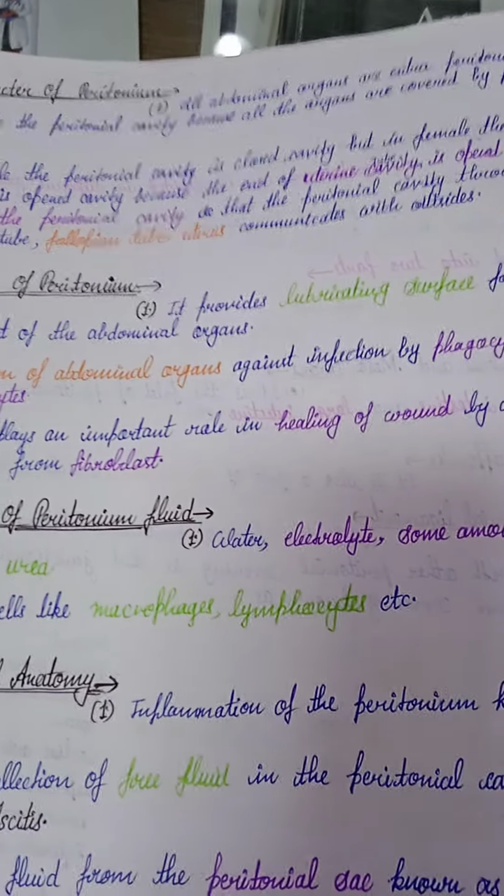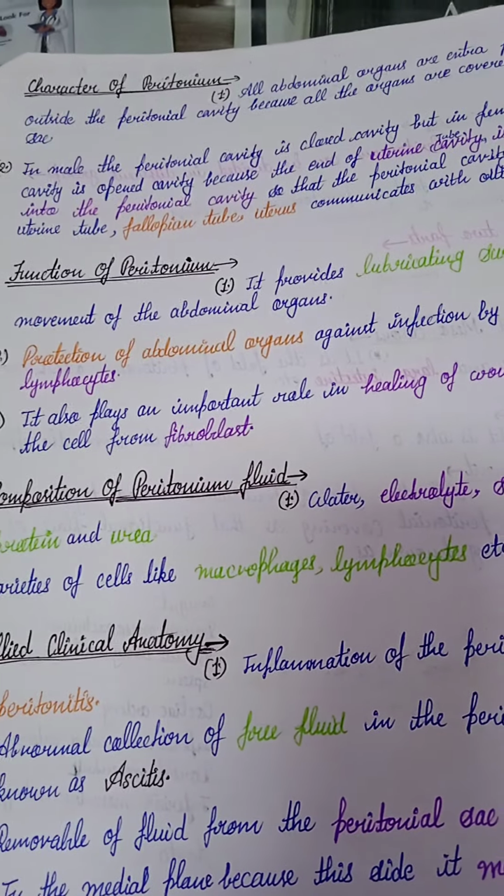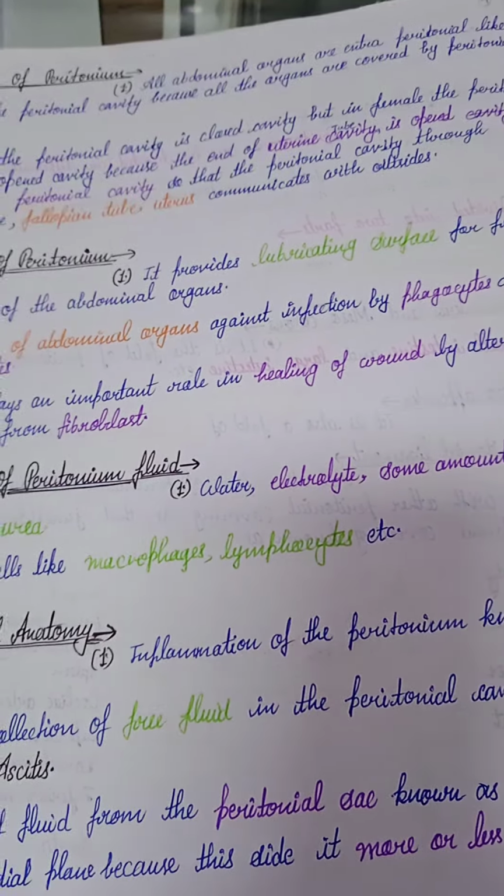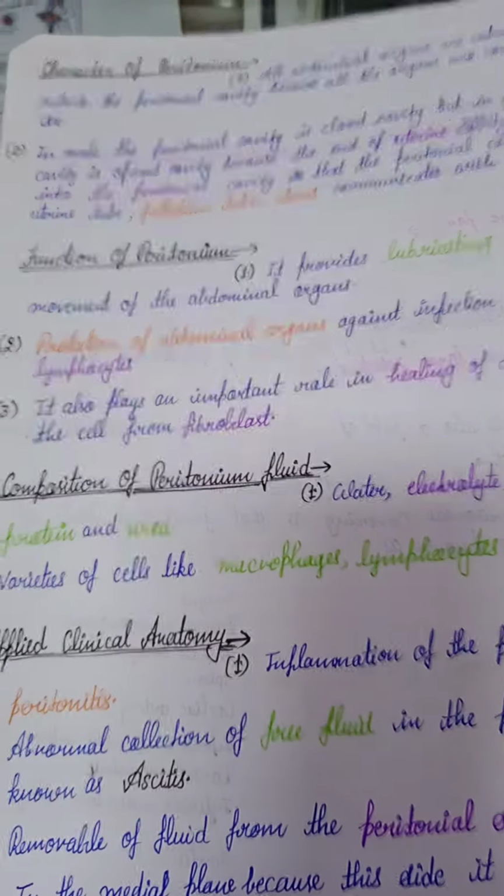The next one is the character of the peritoneum. All abdominal organs are extraperitoneal, like outside the peritoneal cavity, because all the organs are covered by the peritoneal sac.